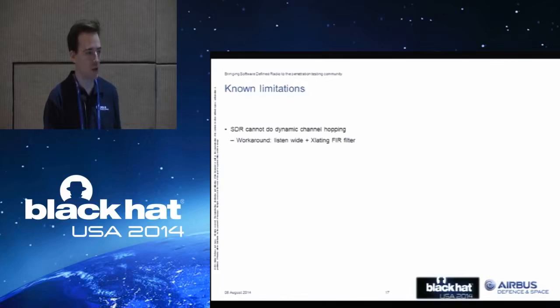So that's one case where you need to have multiple SDRs. And you cannot easily configure your local oscillator to hop from one frequency to another. So the main idea is to listen wide, for example, the 56 megahertz bandwidth of the USRP, and do multiple channel filtering and frequency translating to process all the channels together at once, instead of hopping from one channel to another with a single flow line.